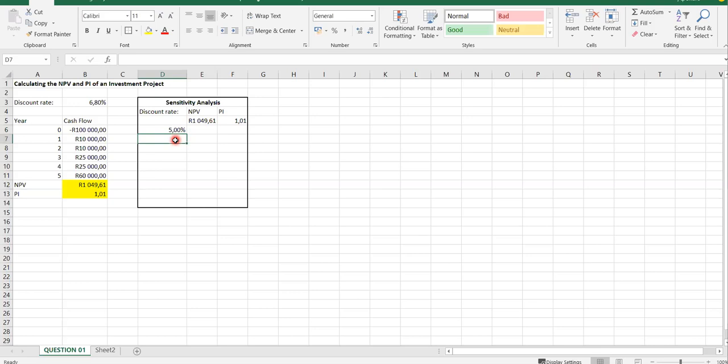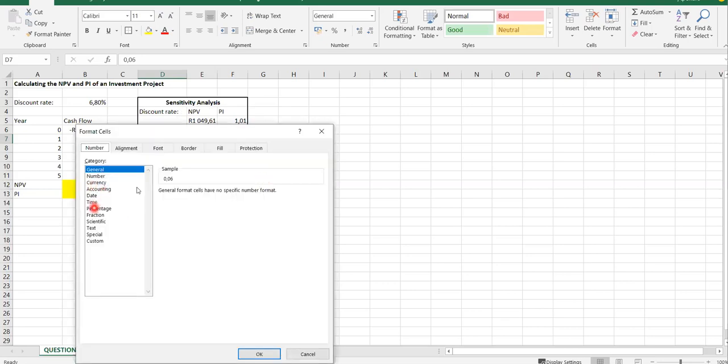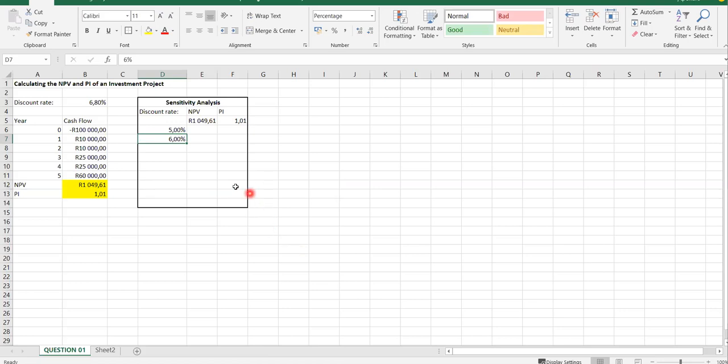Let me put 0.06. Then I format it again to percentage to 2 decimal places. Then I'm just going to highlight these 2. Then when I drag down like this, it's going to populate. Let me do up to this last part here.